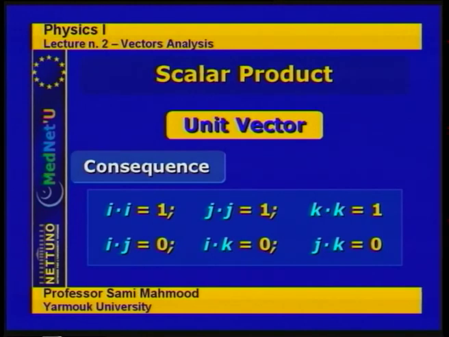Thus, the dot product of any unit vector with itself is 1. And the dot product of any unit vector with any other unit vector is 0, because the angle between any two different unit vectors is 90 degrees, and cosine 90 is 0.